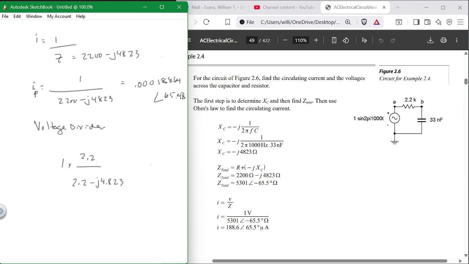Now I want you to solve this on your calculator. Can you do this on your calculator? Yes. You can say 1 times 2.2 divided by parenthesis 2.2 minus 4.823 i in parenthesis, equals.